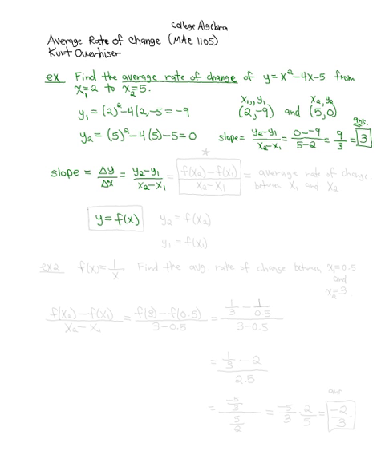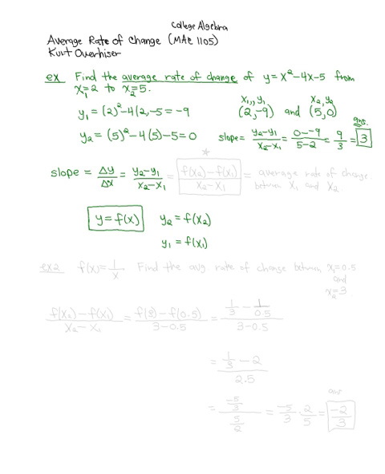Anytime we see the variable y, we always assume that y is a function of x in calculus and college algebra. So what this means is when we say y2 and y1, y2 must be equal to f of x2, and y1 must be equal to f of x1. The numbers have to correspond.